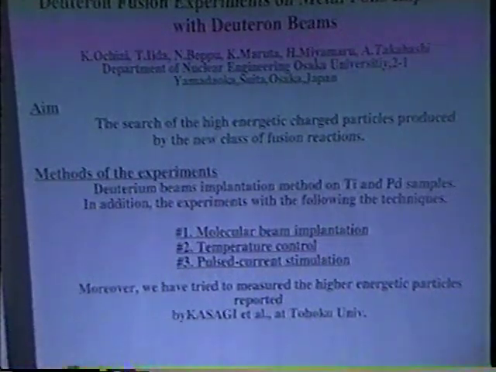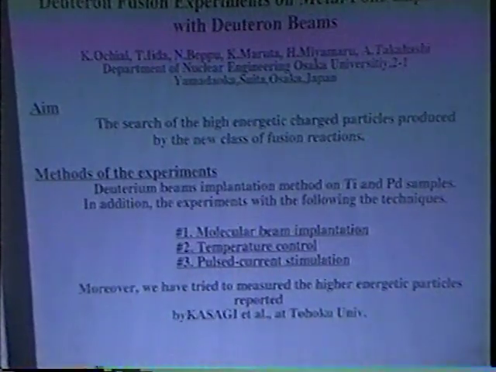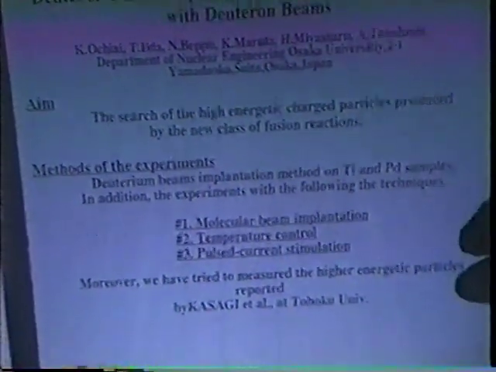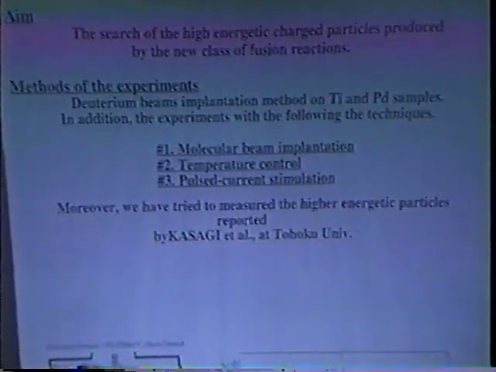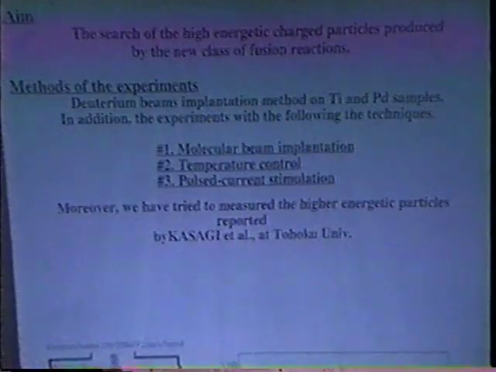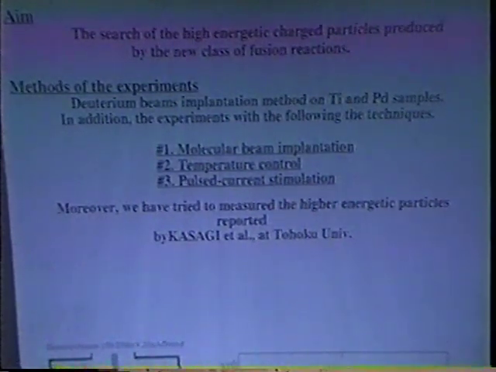This shows the apparatus of the experiment, and various kinds of sample foils were implanted with a deuterium beam of 150 to 250 keV energy. A pair of silicon semiconductors were used as the detectors for high energy charged particles. Also, a ceramic device with a coolant water loop was used for the temperature control of the samples.